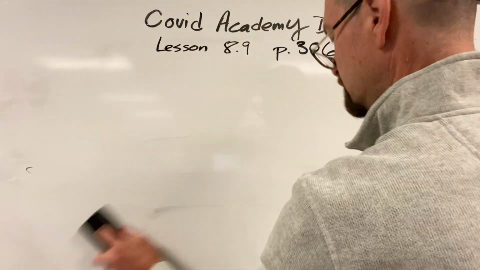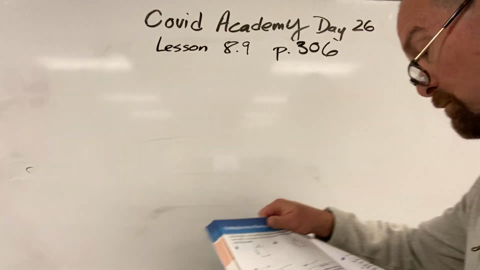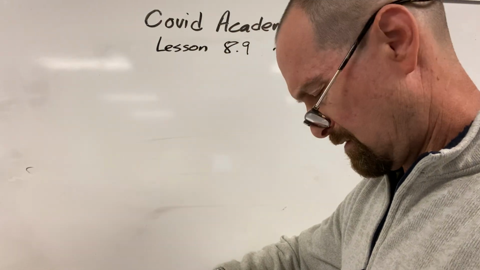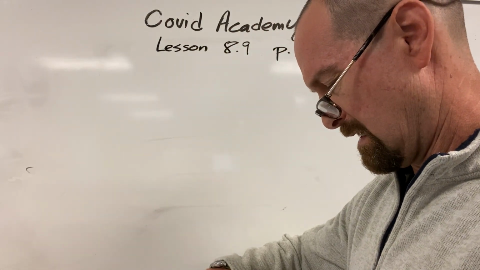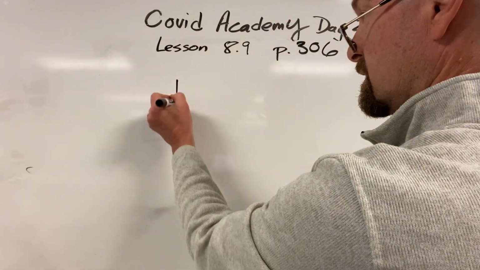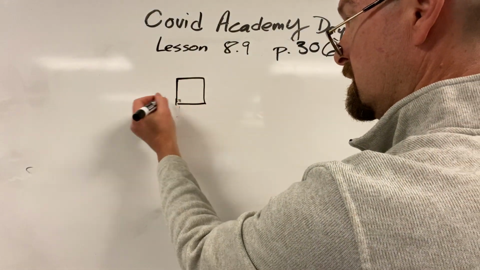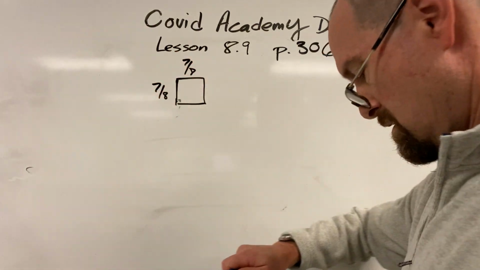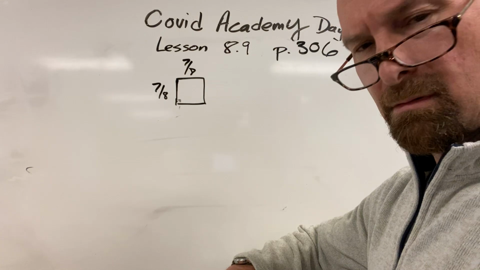All right. Moving on to number 4. Bruce has a stamp collection. That's nice. I think that's a philatelist or something. It includes a stamp that is 7/8 of an inch square. So here's a square. That's 7/8 of an inch, and that's 7/8 of an inch. What is the area of the stamp in square inches?